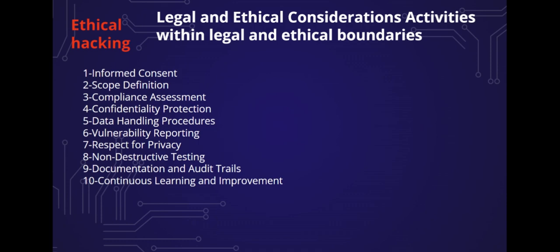So you have to have informed consent. The second one is scope definition. The scope definition, from its name, clearly defines the scope of the penetration testing engagement, including authorized targets, testing methods, and limitations, to ensure that activities remain within legal and ethical boundaries. We don't want to do anything illegal.